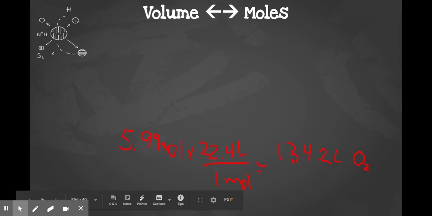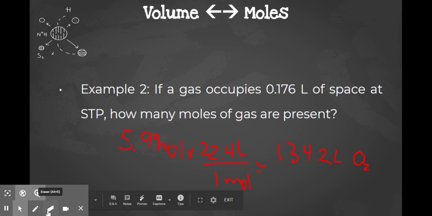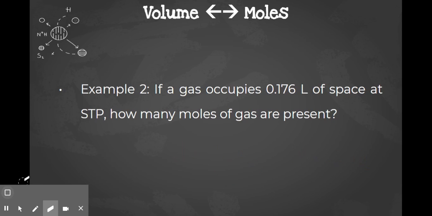So let's try another example here. Oh, let me erase my first example. All right, so this time we're going the other way. We know we have a gas that is taking up 0.176 liters of space. And we need to know how many moles that is. Okay, so this time, because we're starting with liters, we know we need to divide.